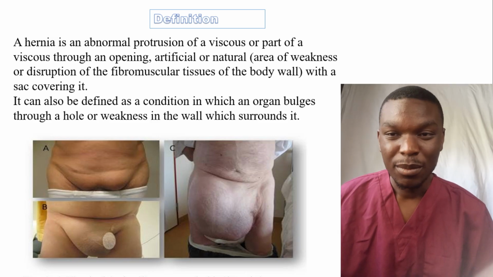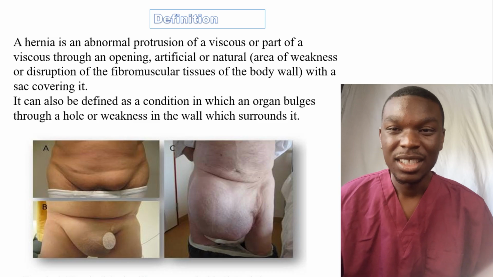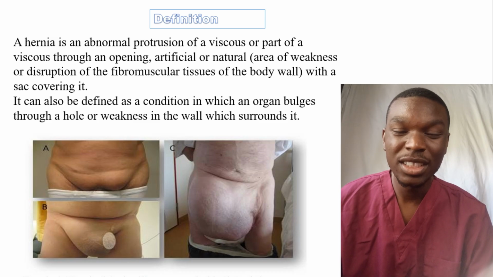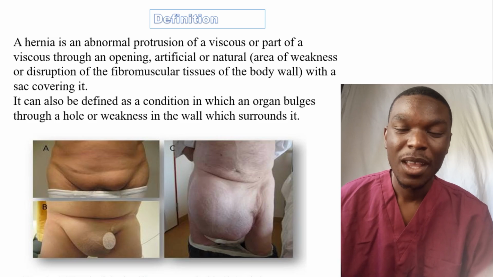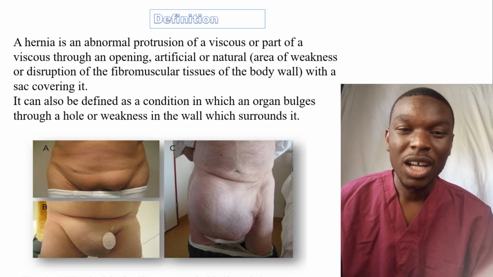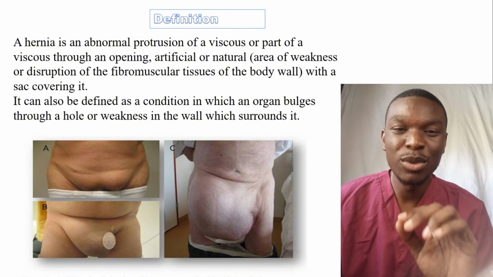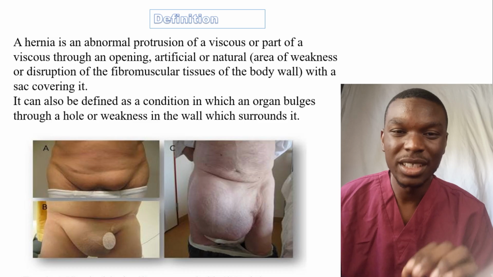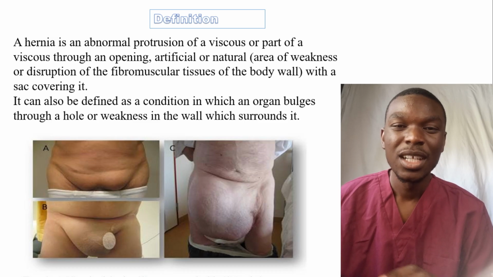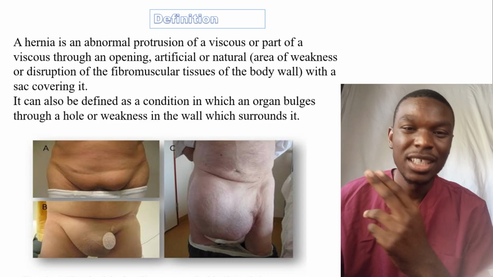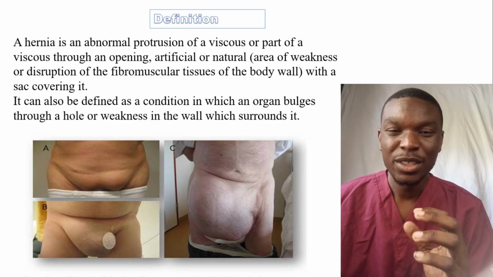The basic definition of hernia is a condition in which organs, abdominal organs most of the time, bulge through a wall or opening or weakness in the abdominal wall surrounding it. So that's a basic definition. For example, these pictures here show the patient with the hernia.